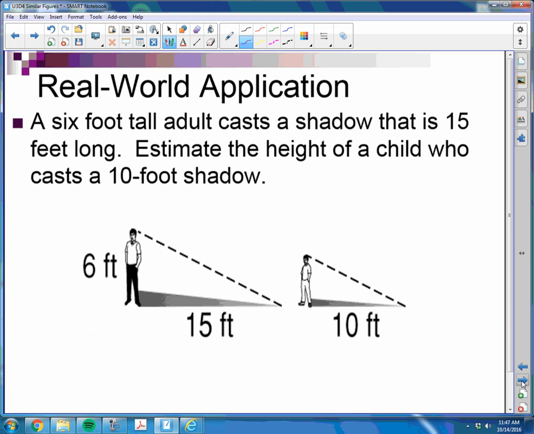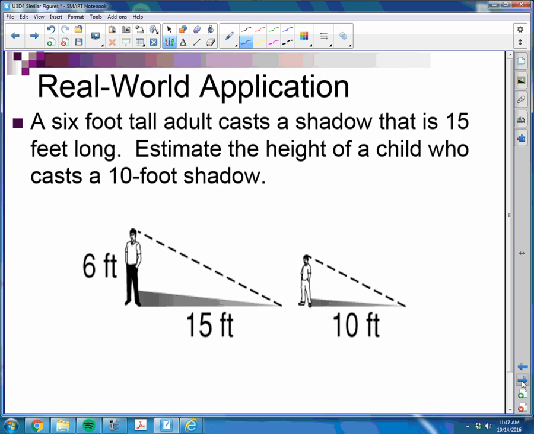Let's talk about how it really works in real life. So for example, if I had a 6-foot tall adult, and I knew that 6-foot tall adult cast a shadow that is 15 feet long, then I could figure out the height of a kid if I only have the shadow. Oh yeah.